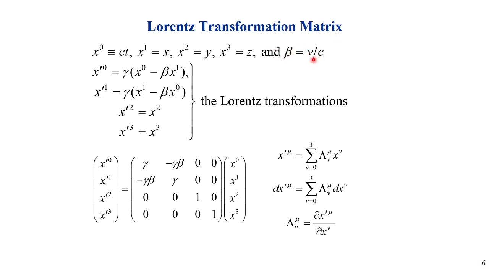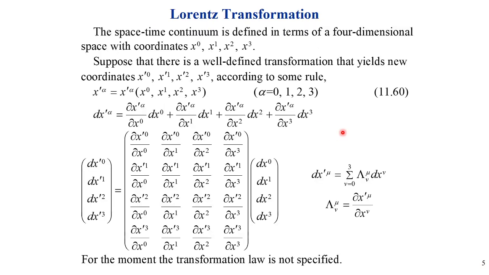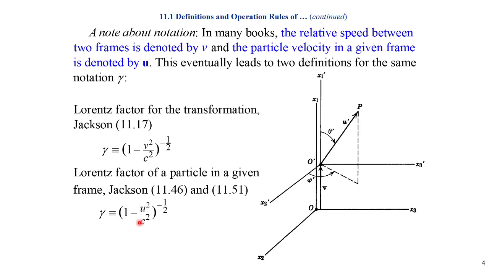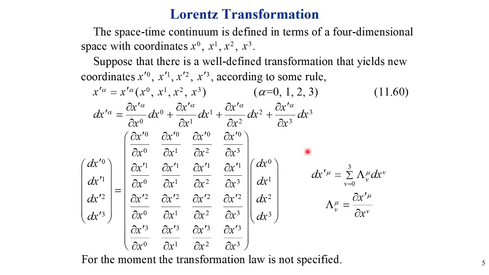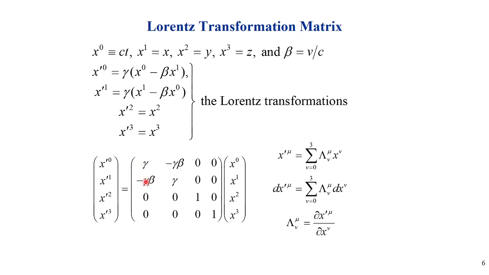Beta is a normalized quantity, and gamma is defined here. They move along the x-axis, that's why the major change is in time and x. That's the Lorentz transformation matrix.